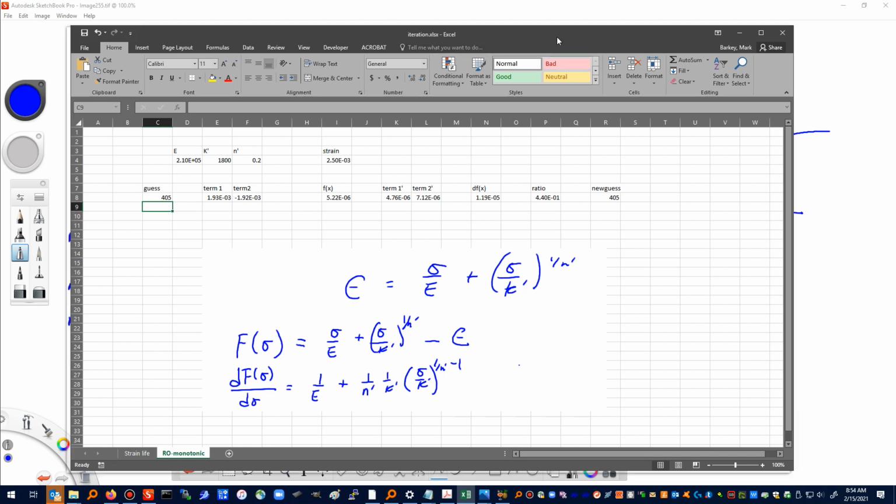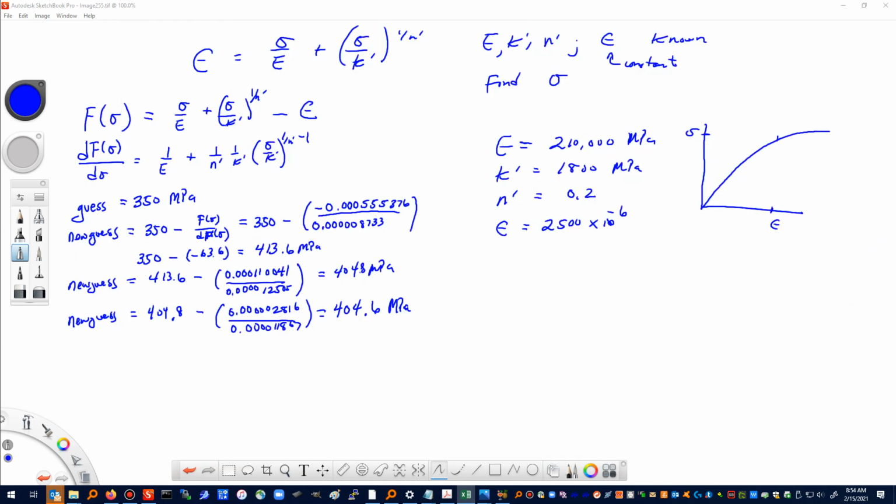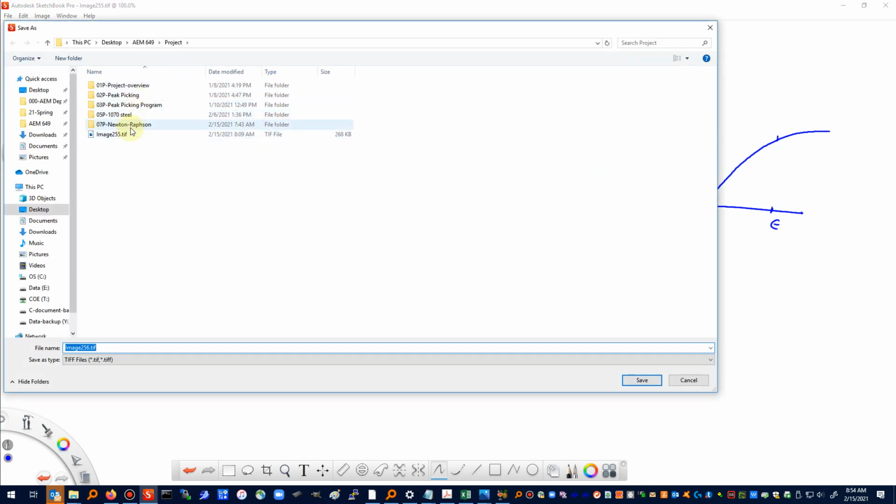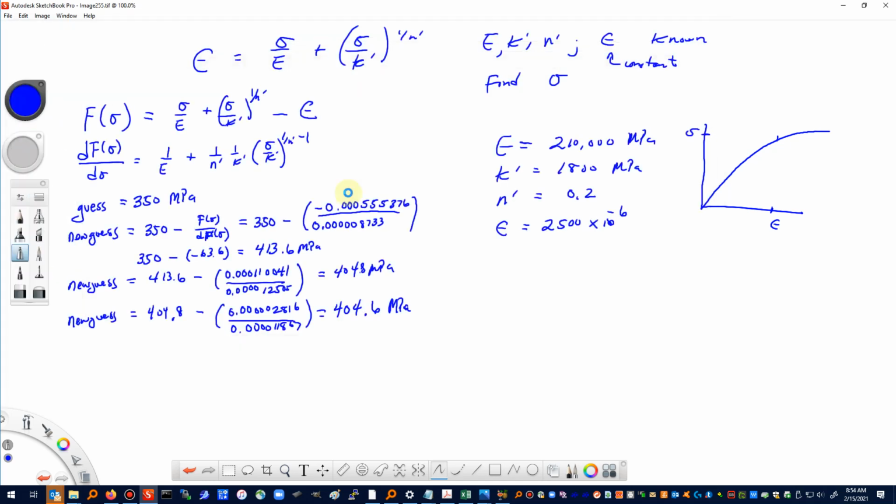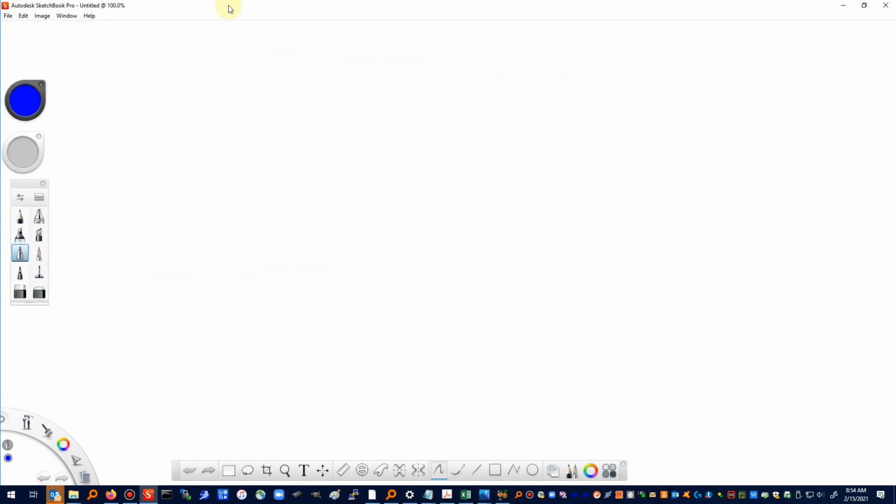Alright, so let's set up the other 2 equations, and we'll do that over here. So let me save this. For the branch equation, we have delta epsilon.